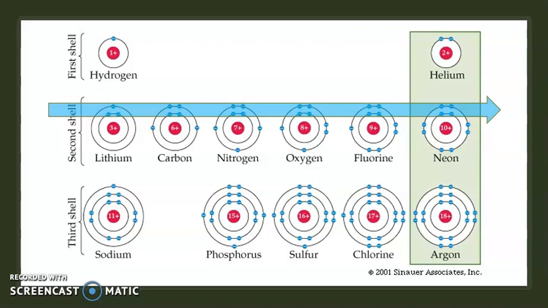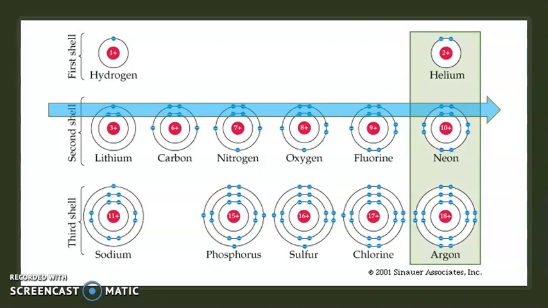Now notice one very important thing as we go across this row here. They're all from the same row of the periodic table, therefore they all have the same number of shells of electrons. That means they have the same level of shielding. There's only one core shell of electrons shielding the valence shell from that attraction.